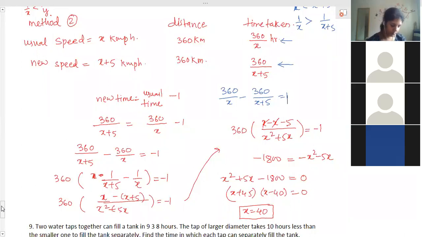Completed? Have you done? Yes, ma'am. You first solve the same type of questions, then you will do that one. There is one NCERT question, the same question is there. I'll show that.